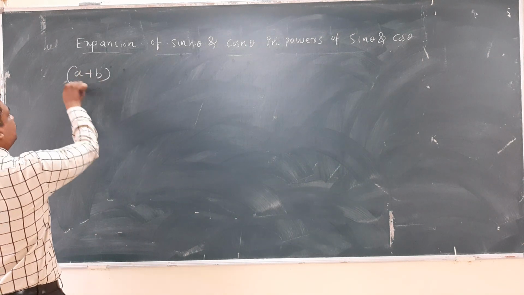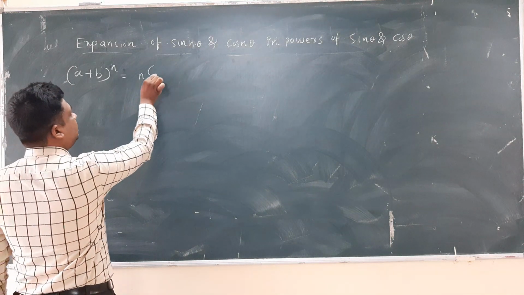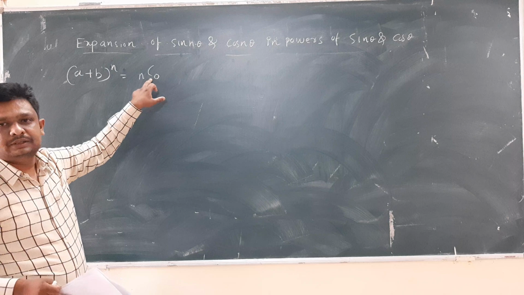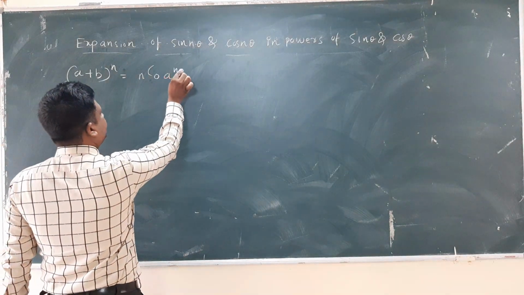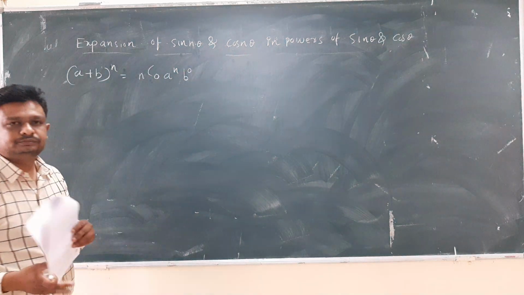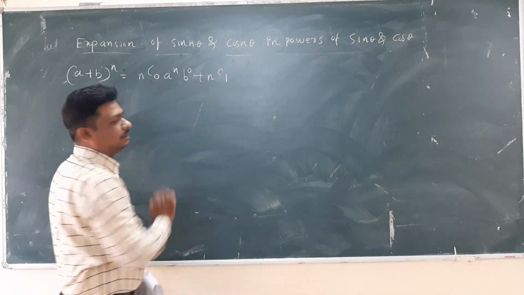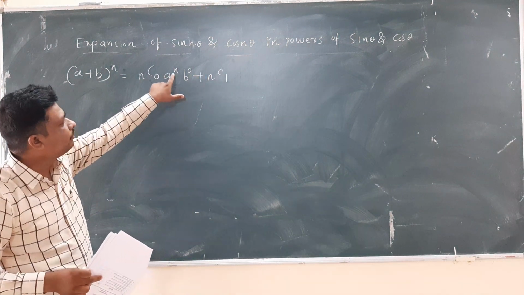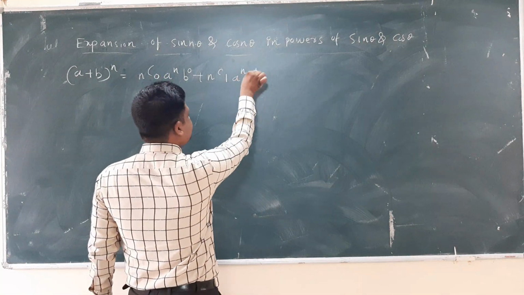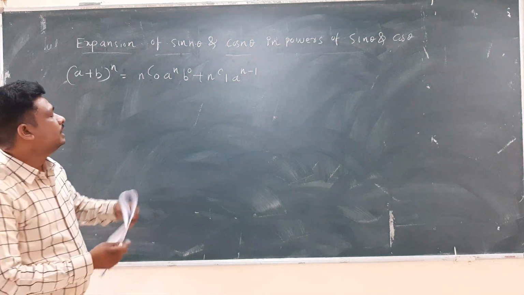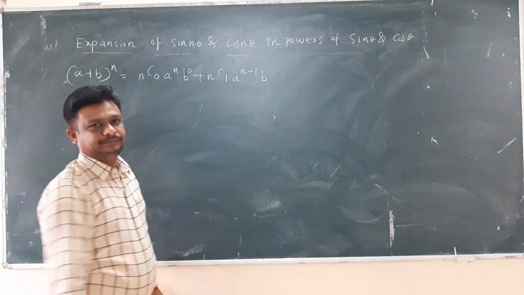(a + b) raised to n is equal to nC0, this is a combination, a raised to n into b raised to 0, plus nC1. Then you have to decrease the power of a by 1, so this becomes a raised to n minus 1, and increase the power of b by 1, so here you will get b.